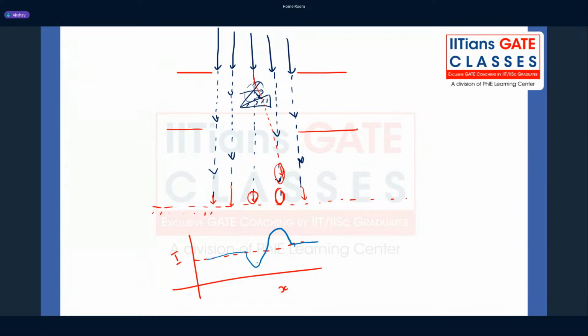So this region becomes darker, this region becomes brighter. Yes or no? Right? This is the very idea from which we can actually extract different flow visualization techniques.